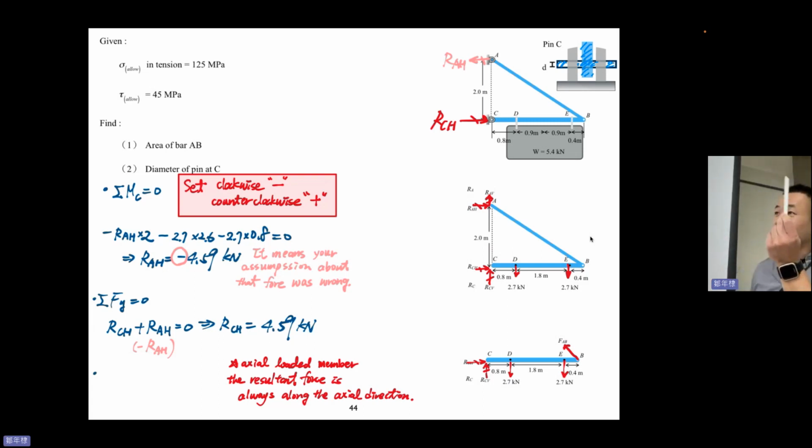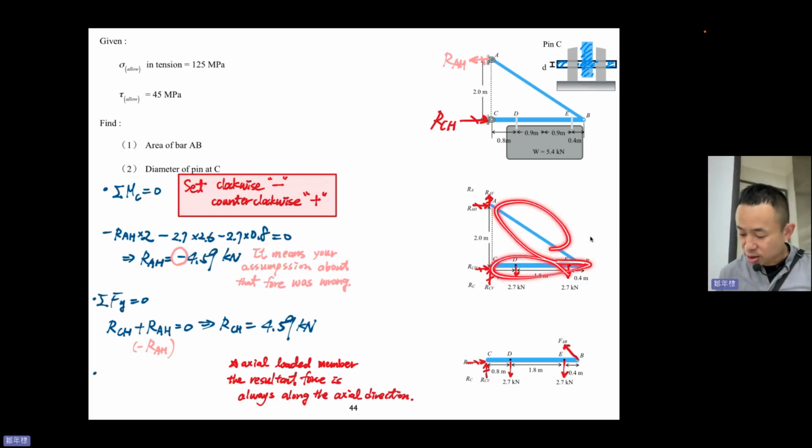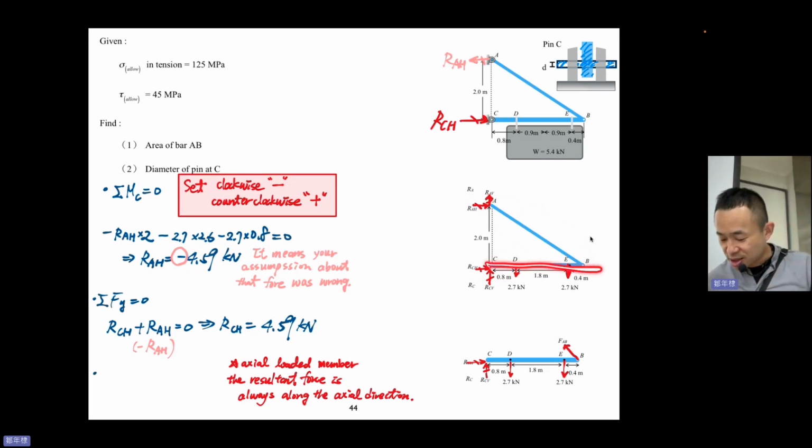This one is an axially loaded member. This one and that one. Sorry, this one is an axially loaded member, but this one is not. What does that mean? This is an actual member, but the load is not axial.